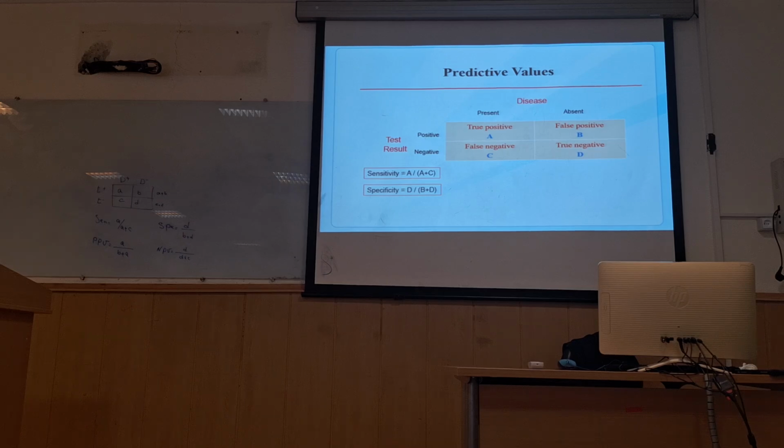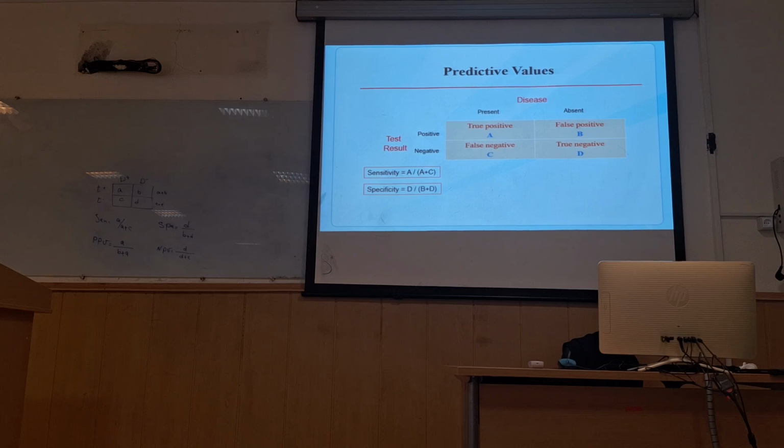What proportion of people who have negative results are correctly free of disease? Yes, it's negative predictive value. Positive predictive value means what proportion of people who have a positive test are correctly diseased.